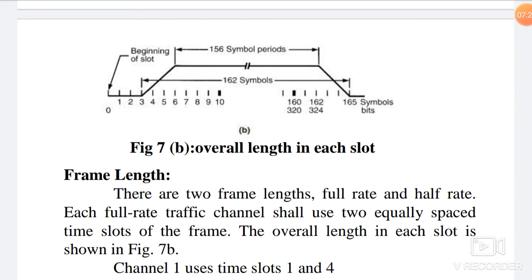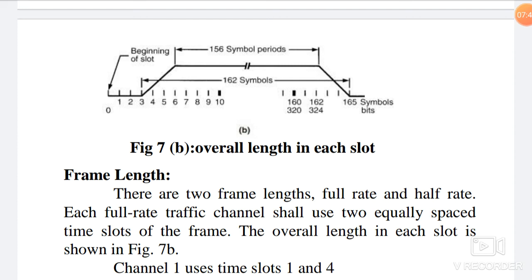In this, there are two frame lengths, full rate and half rate. Each full rate traffic channel shall use two equally spaced time slots of the frame. Channel 1 uses slots 1 and 4, channel 2 uses 2 and 5, and channel 3 uses slots 3 and 6.